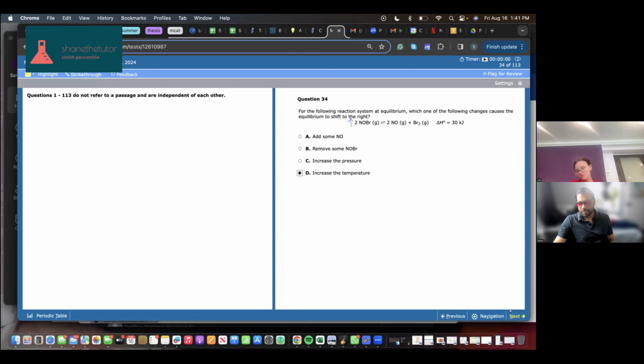If you increase the amount of this reactant, it drives the reaction forward to make up for it on the product side. You can do the same thing if you increase the amount of bromine, and it would go to the left.